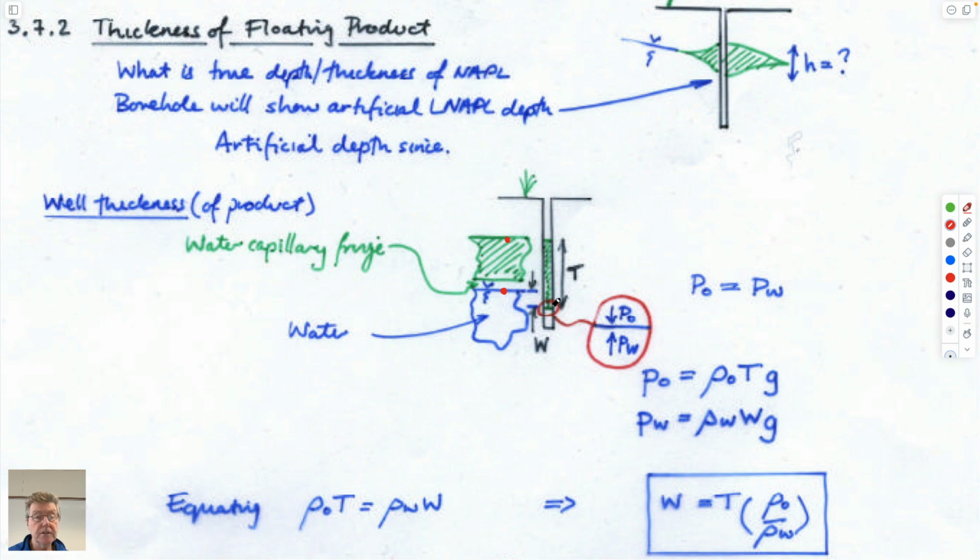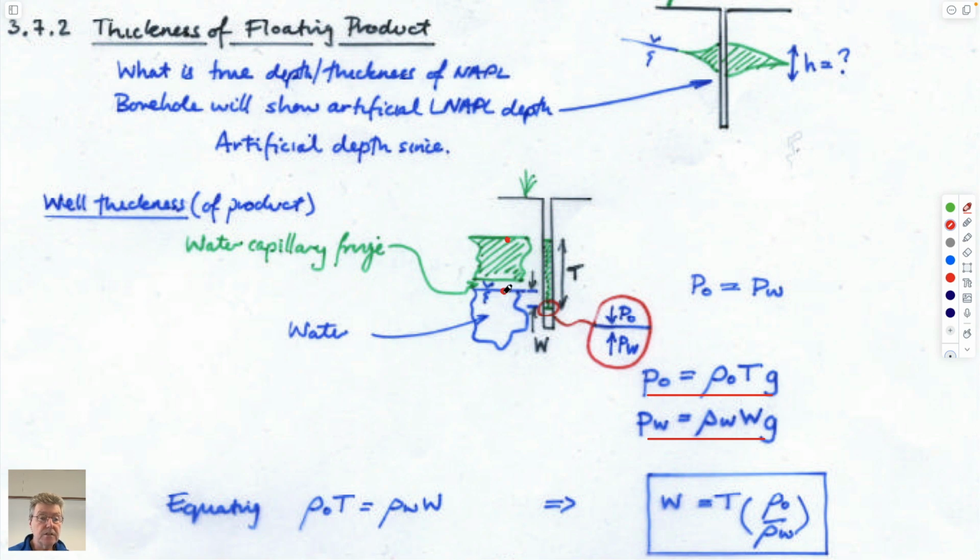the pressure in the oil at this point. The pressure in the oil is going to be equal to the density of the oil times this height times gravity, this term here. And if it's sitting in equilibrium, not moving, then the pressure acting upwards has to be the same. And so the pressure acting upwards has to be equal to the density of the water.